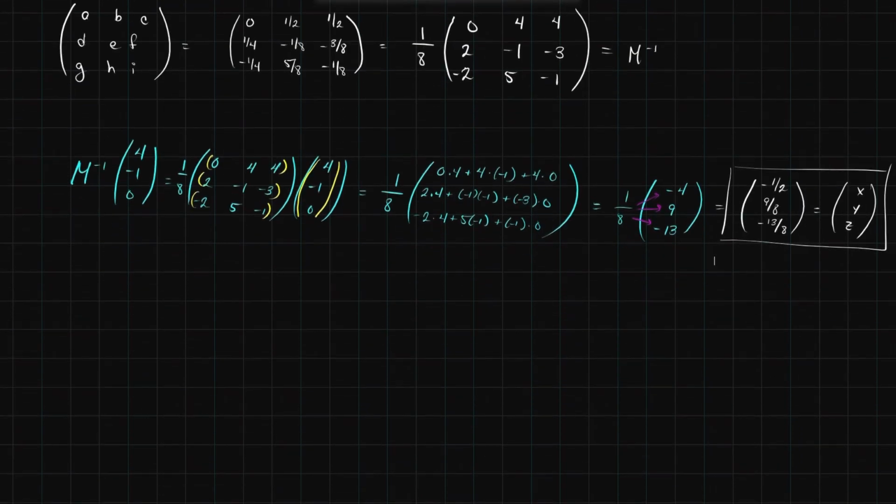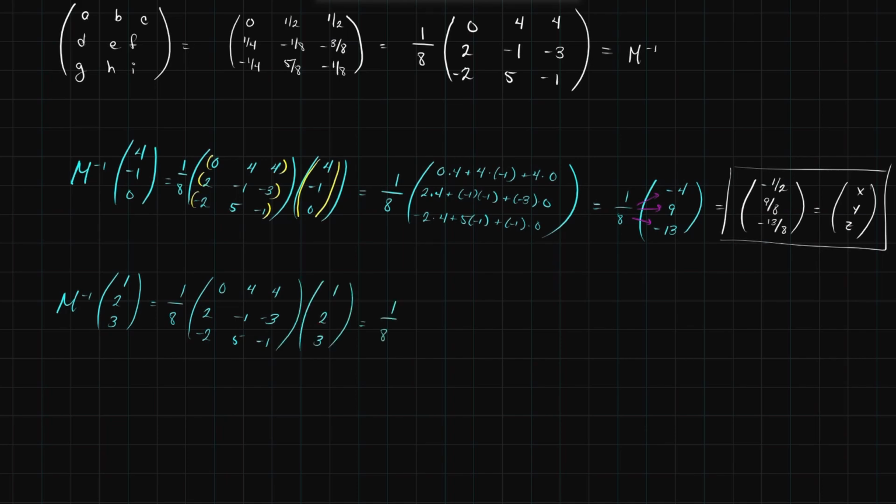If I want to find the solution to the second system of equations presented, this would be M inverse on the vector 1, 2, 3, and that's going to be 1/8 times 0, 4, 4, 2, negative 1, negative 3, negative 2, 5, negative 1, against the vector 1, 2, 3. So I have a 1/8, and then I'm going to be considering all inner products of rows against the column vector.